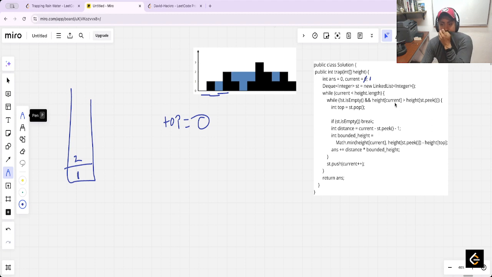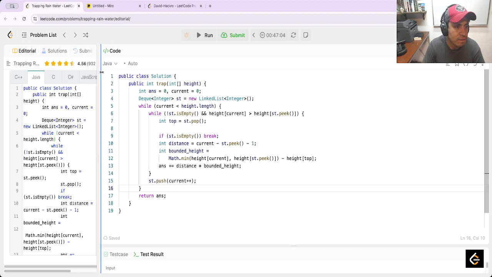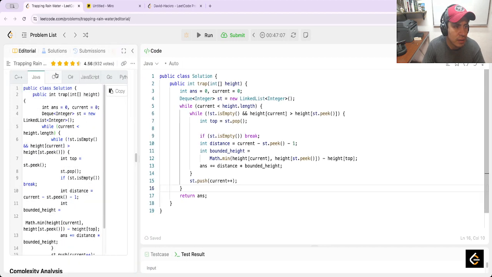Now the current height is 2 and the top here, what? Sorry, basically here is the index. Let me come back.